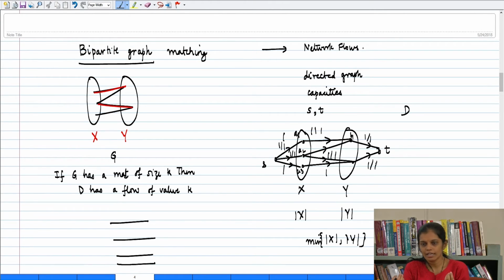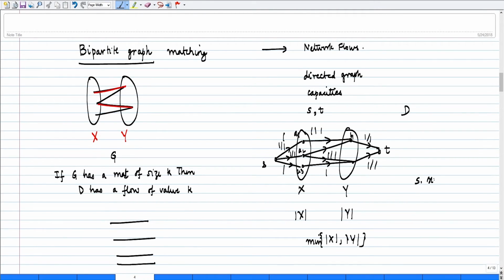If you have an edge x1 y1 which belongs to the matching in the graph G, you take the edge S x1, so I will just write this, f of S x1 is equal to f of x1 y1 is equal to f of y1 t, which is equal to 1.